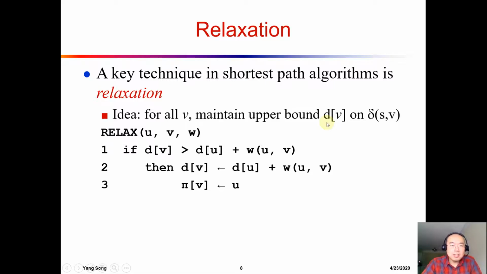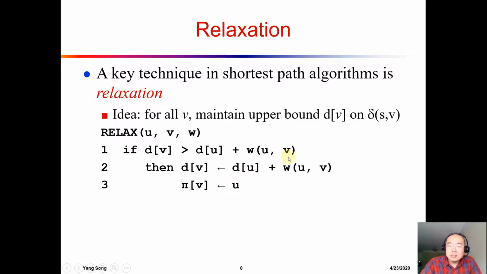You can understand d as the record of the current shortest path from a source to all the nodes.